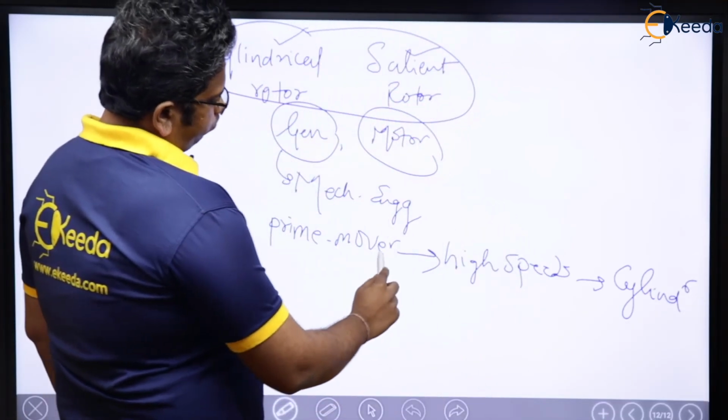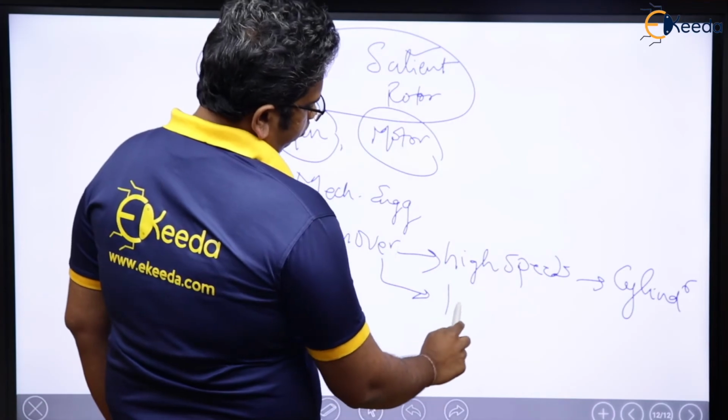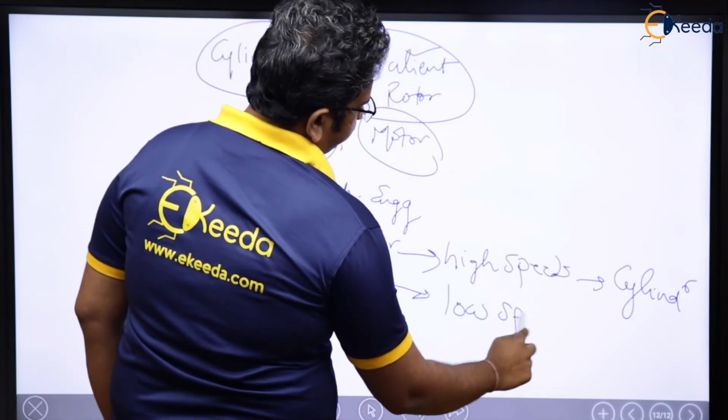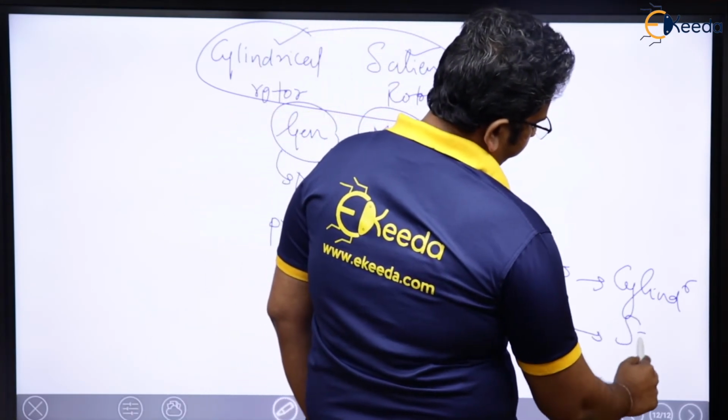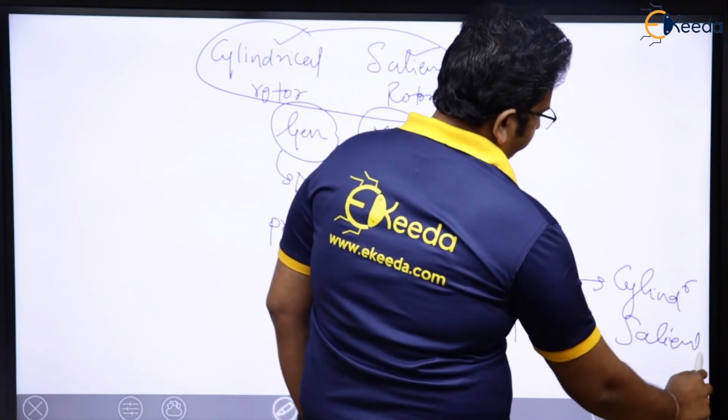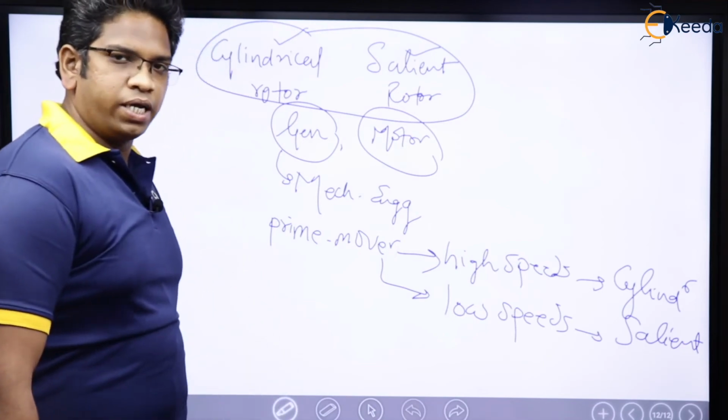And if the prime mover is rotating at low speeds, then I will use salient. I hope it is clear.